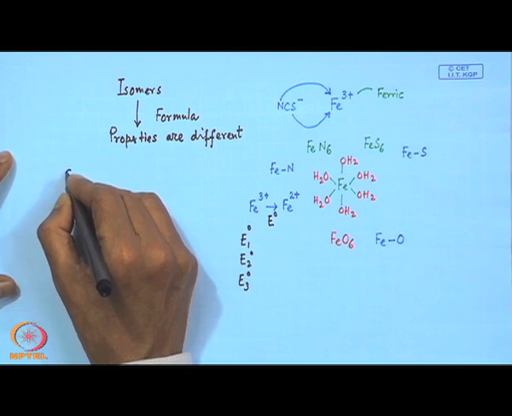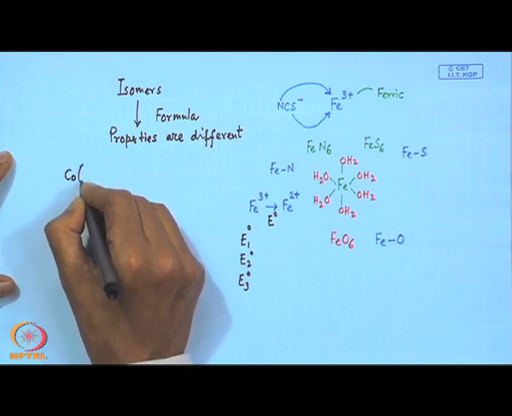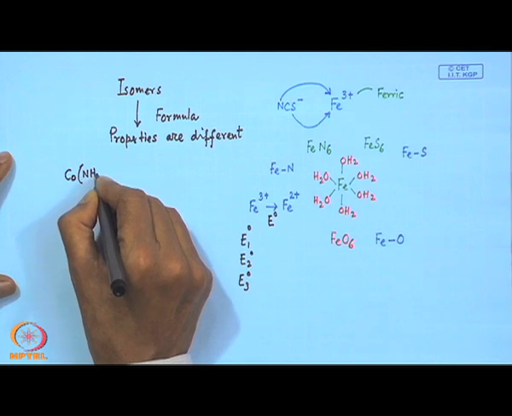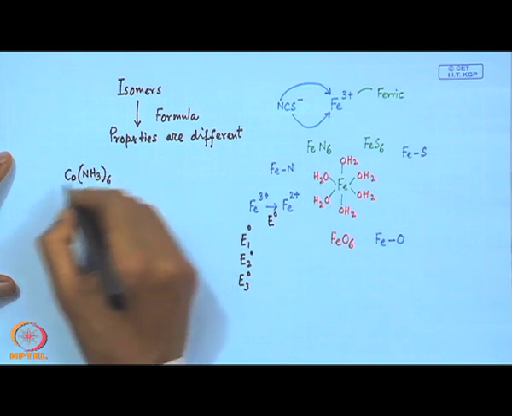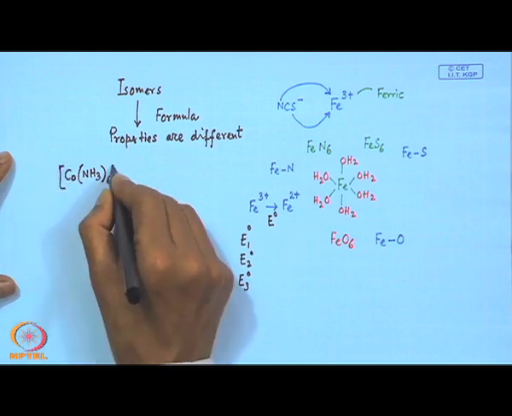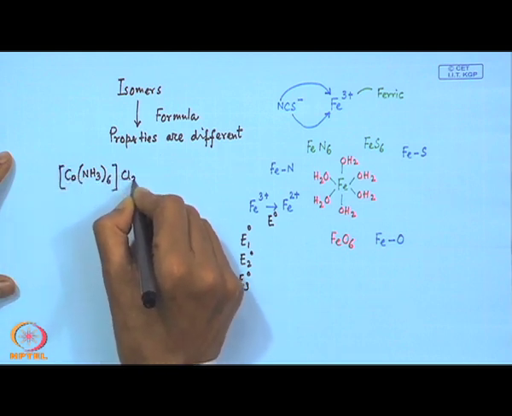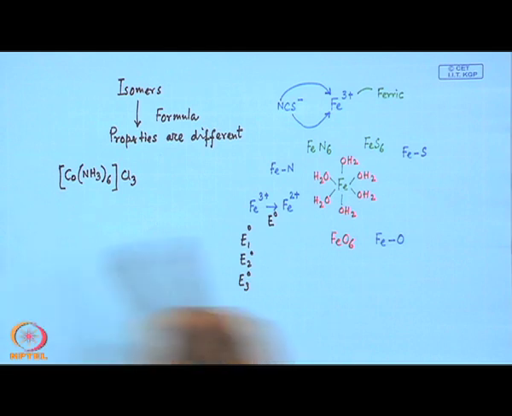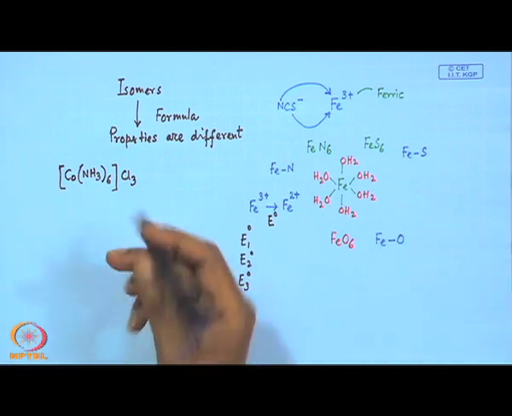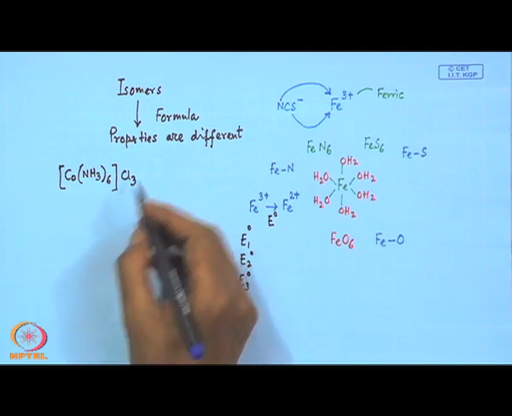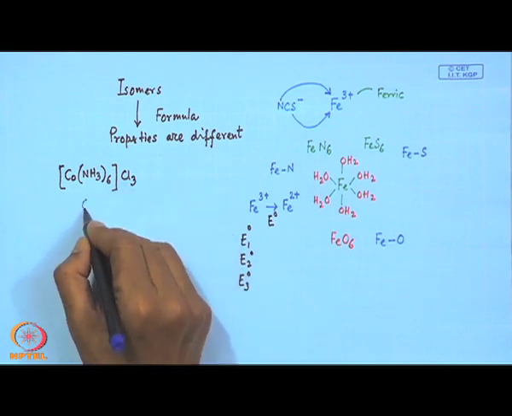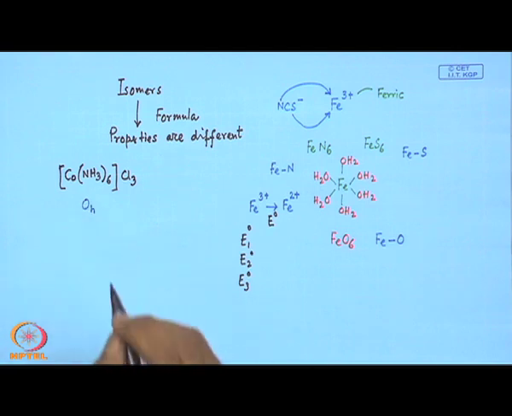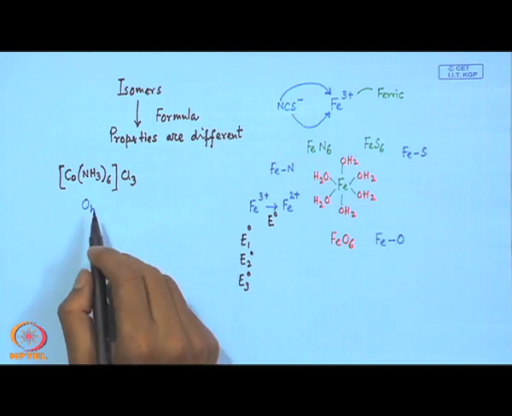So, if we get the hexaammine compound of cobalt, made from the corresponding chloride salt of cobalt in presence of ammonia, we get this compound, and we all know that it is a very useful compound, a beautiful colored compound which is orange red in color and octahedral in geometry.